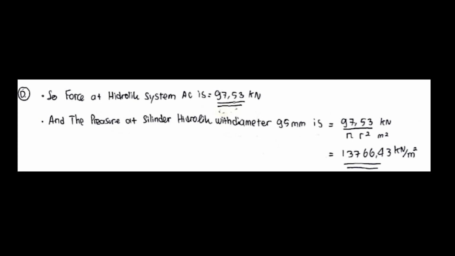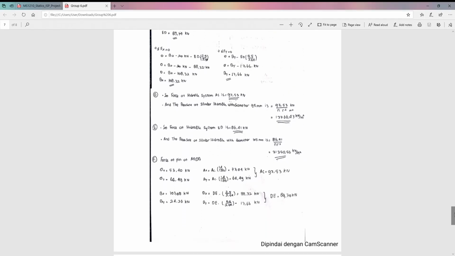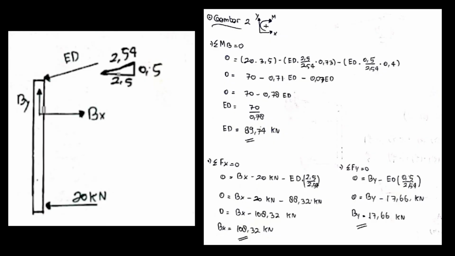So move to question at E. First, we look at figure 2 and we calculate it at moment B. In this moment, we get force at ED 89,74 kN. And we move to sigma Fx and we get force at Bx.